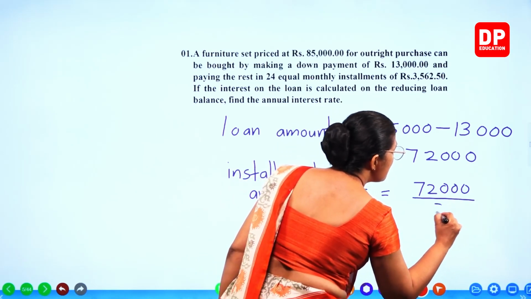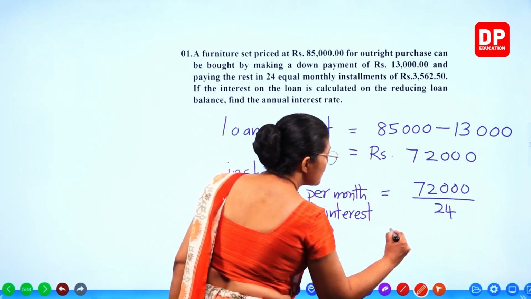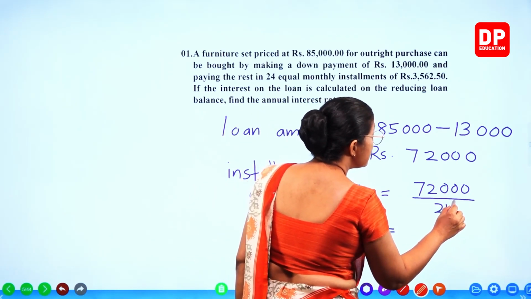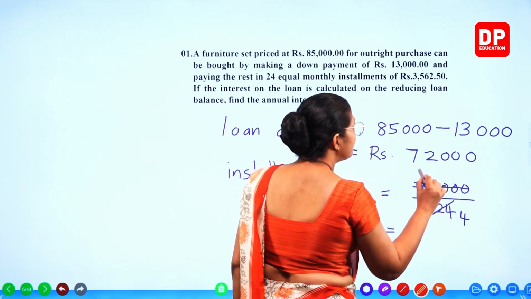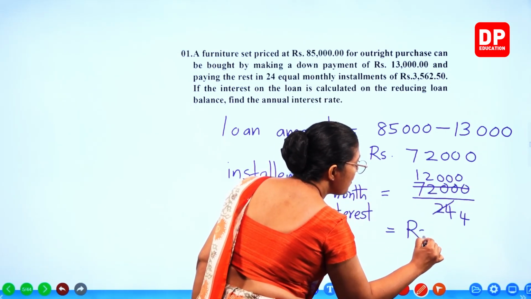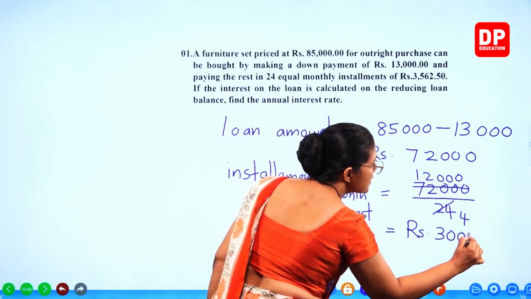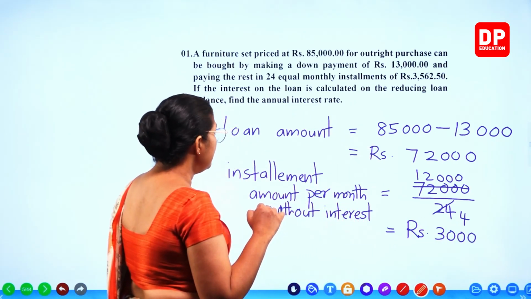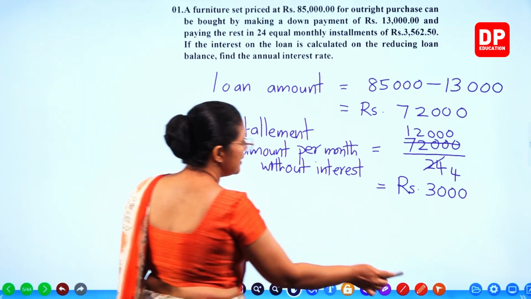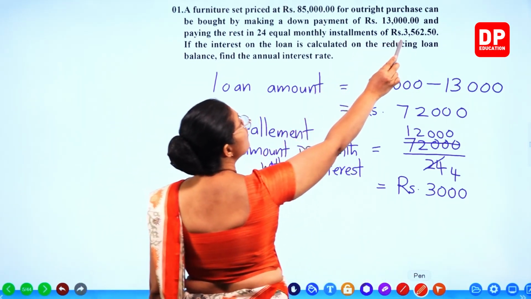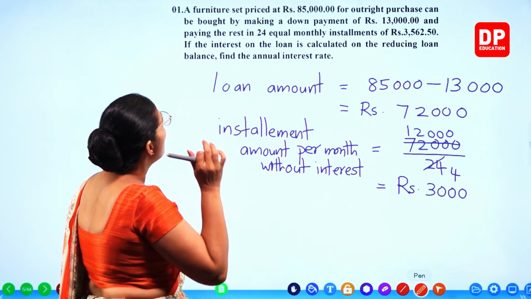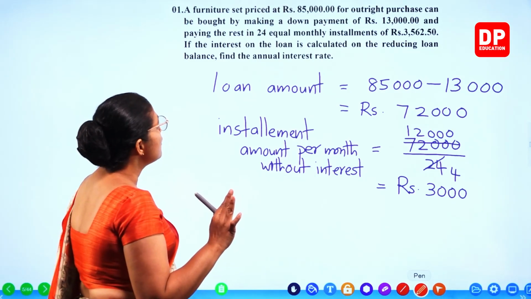So you have to divide this by 24. Let's divide by 6 and then by 4. So 3,000 rupees. And then, what's the amount already paid? 3,562.50 already paid for 24 monthly installments.